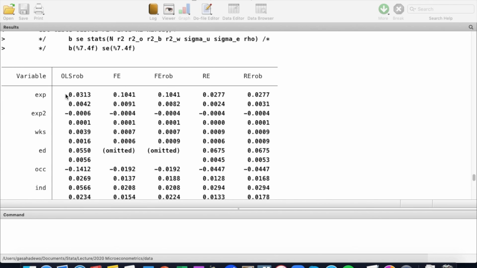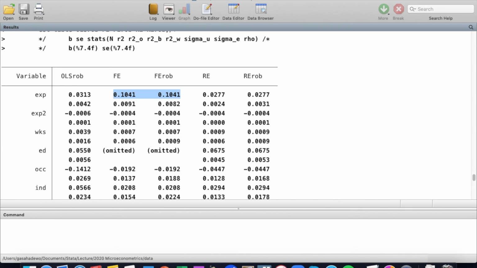As you can see here, the OLS and the random effect are very, very similar. Again, the OLS and the random effect estimation assume that there is no correlation between the unobserved heterogeneity and the explanatory variable. But if you want to assume that there is correlation, then the fixed effect model is going to be more appropriate.